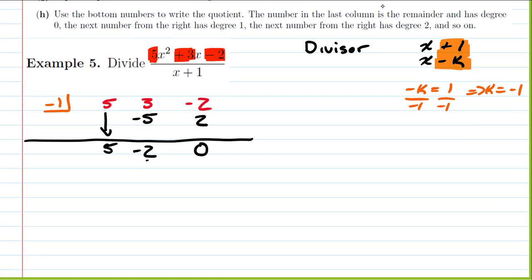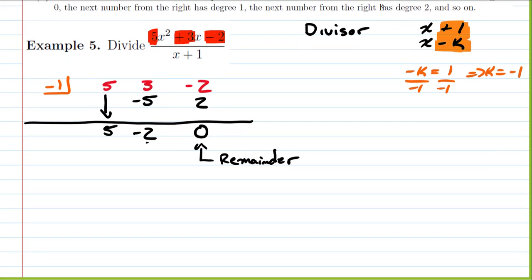Now, the next step says use the bottom row of numbers to write the quotient. The number in the last column is the remainder. So then this is our constant, and this one is going to be degree 1.